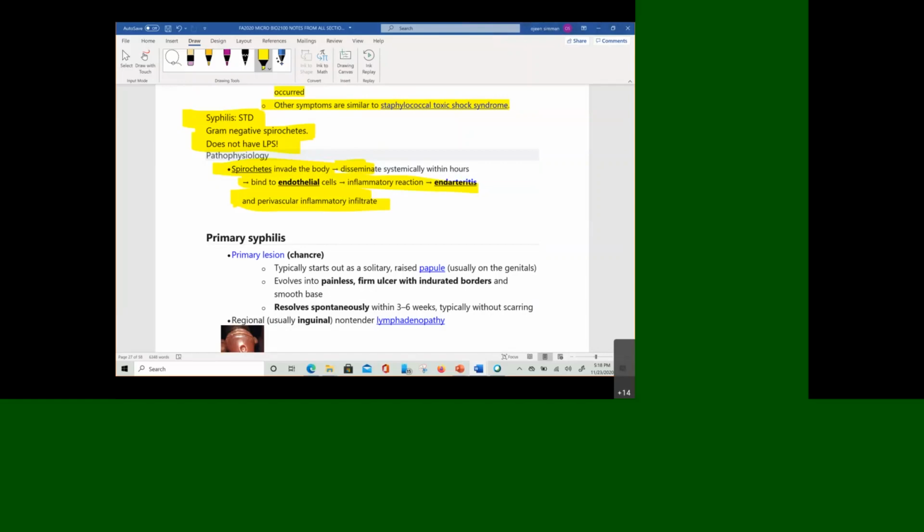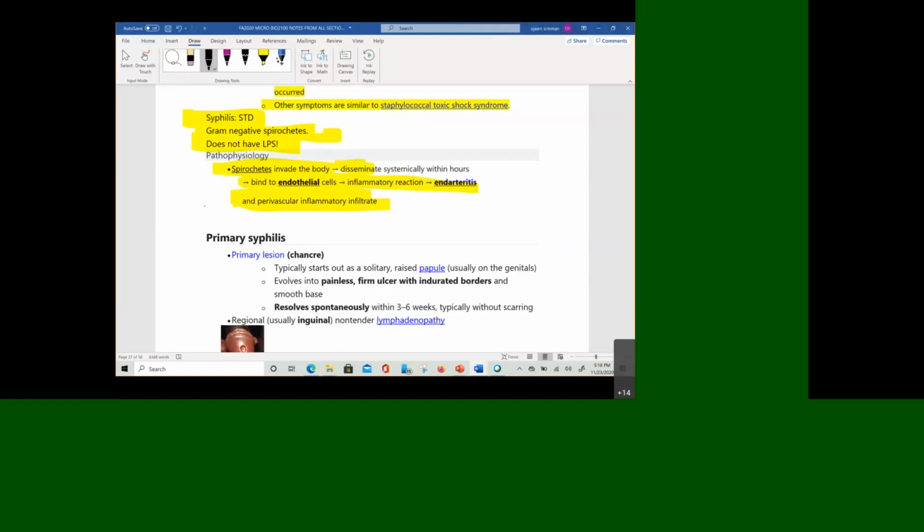Clinical manifestation. So let me write the name of the bacteria.